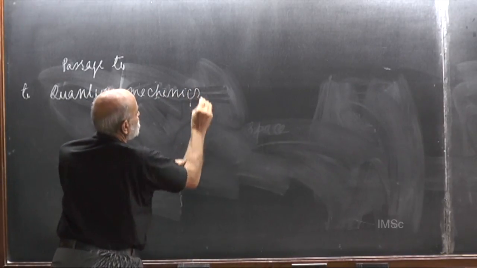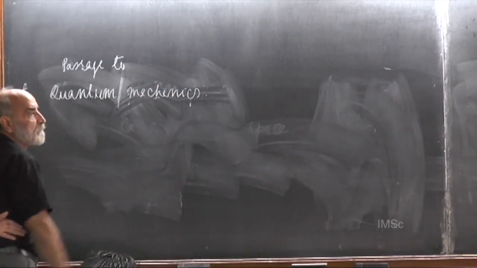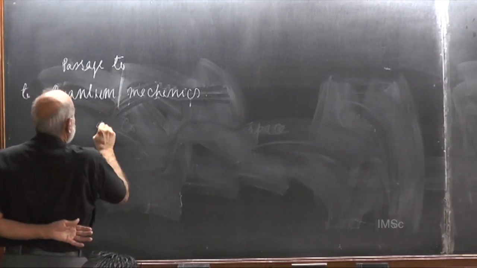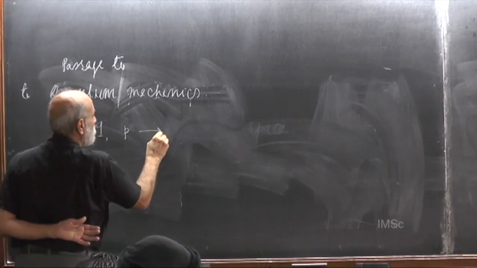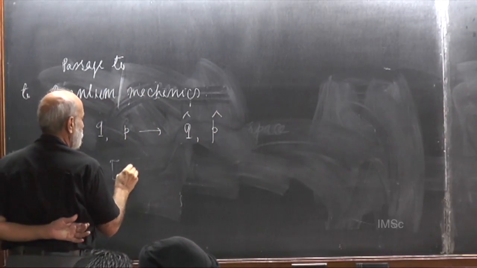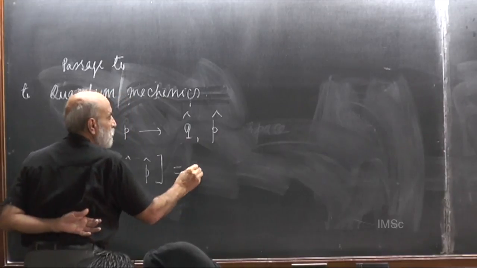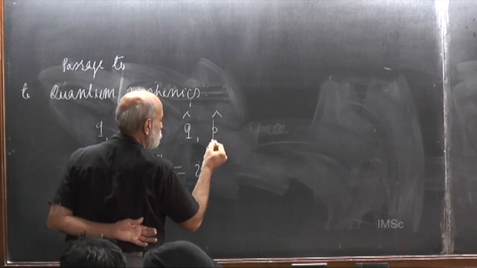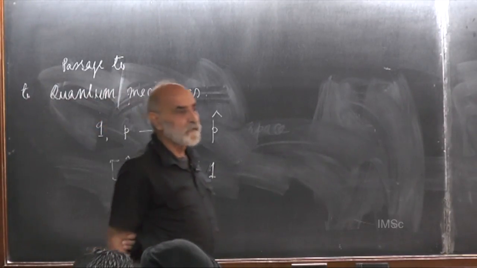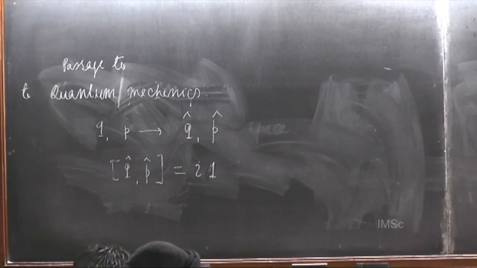And as you all know, historically quantization of a system of this kind that we are dealing with, single Cartesian degrees of freedom, meant that Q and P go to operators Q hat and P hat, where Q hat and P hat obey, similar to the classical Poisson bracket, fundamental commutation relations: the commutator of Q hat and P hat is equal to i h cross.